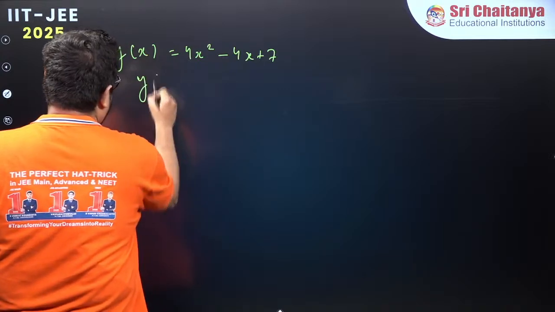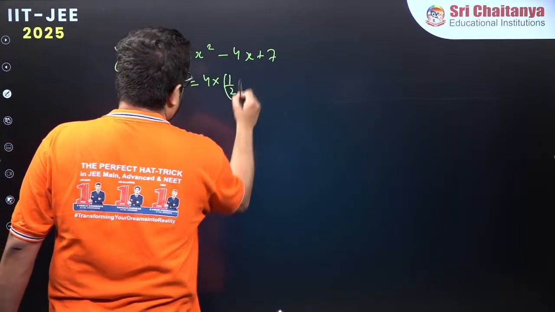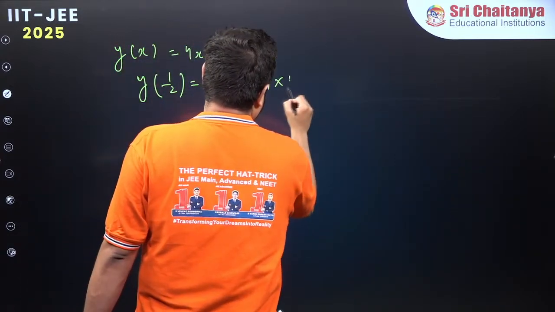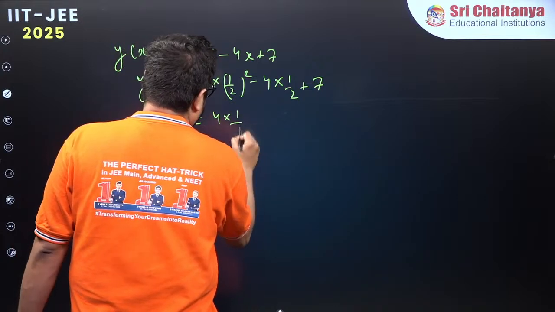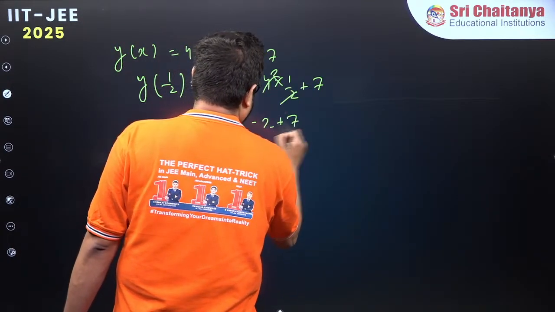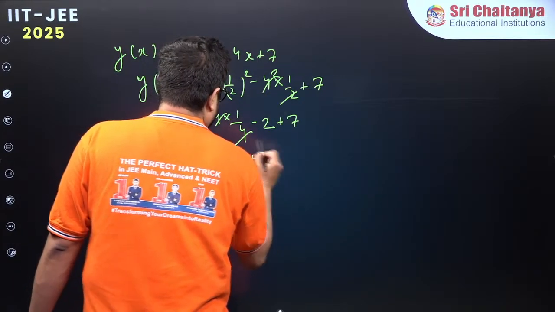So y at half is going to be 4 into half square minus 4 into half plus 7, isn't it? So what will I be getting? This becomes 1 minus 2 plus 7.